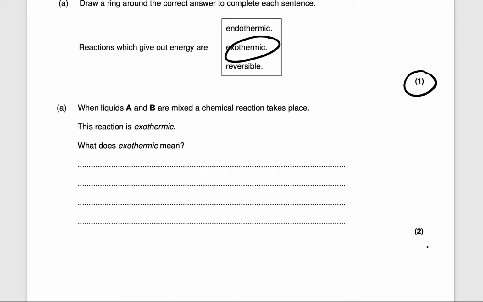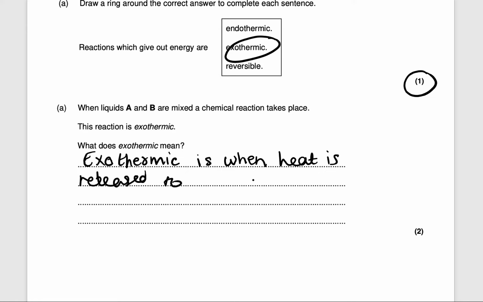When liquids A and B are mixed in a chemical reaction, a reaction takes place. The reaction is exothermic. What does exothermic mean? Exothermic is when heat is released to the surroundings.